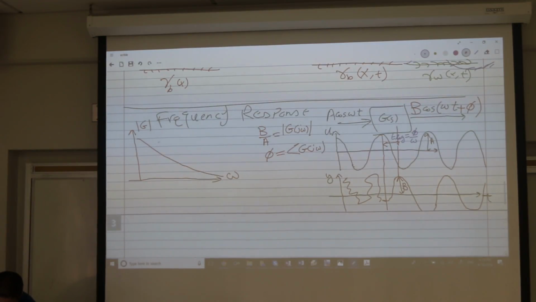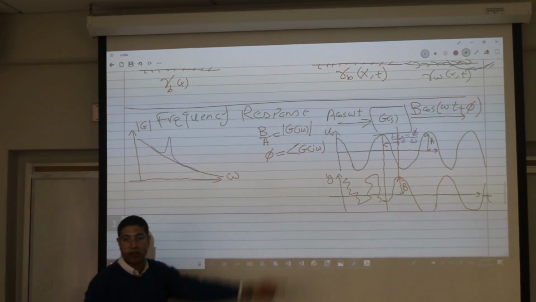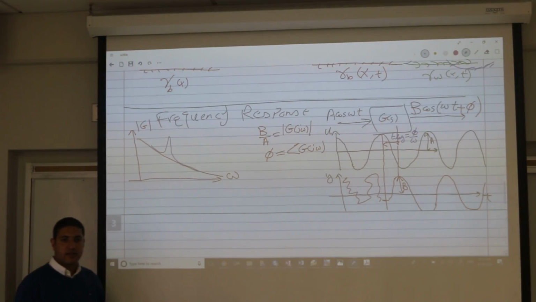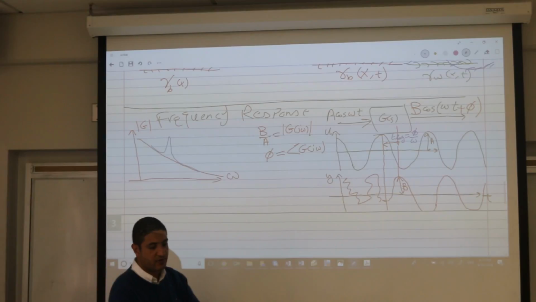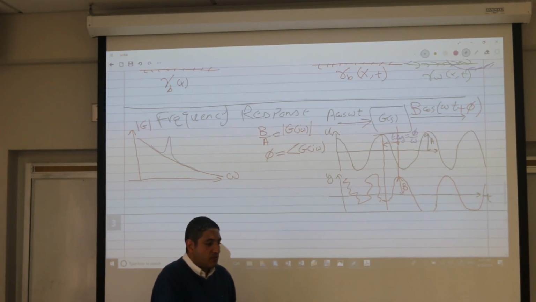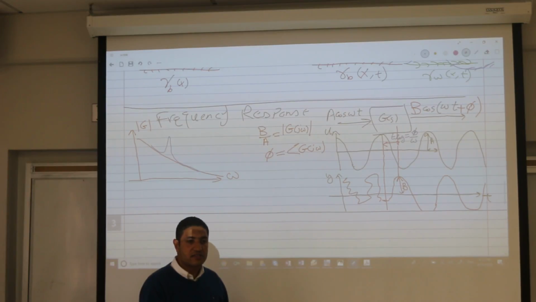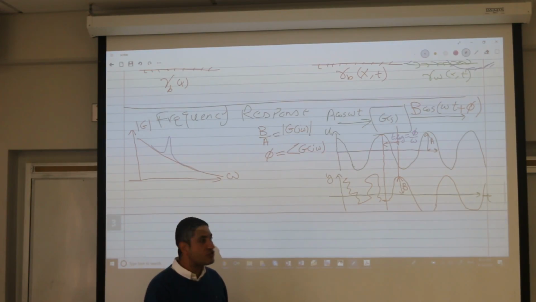Sometimes we have a peak here if we have a resonance frequency or something. And you can imagine that it has to be decreasing all the way. Why? Because, like what we described, if you have any system, airplane or whatever, and you're giving an input very, very fast, the system will not feel anything, which means it will give an output with zero amplitude.